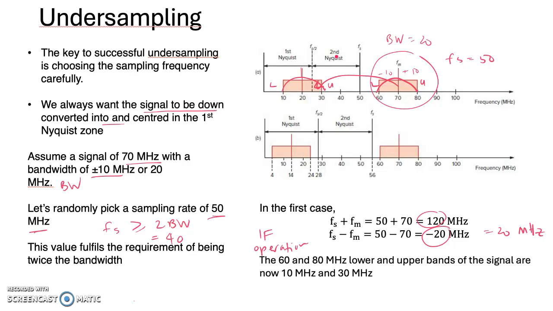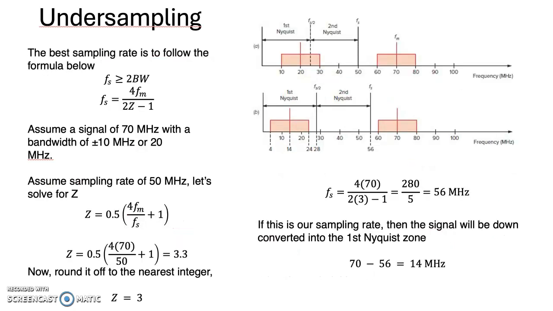So how do we pick the best sampling? Let's move on. The best sampling rate is simply to follow the formula below, whereby the sampling rate needs to be greater than 2 BW, twice the bandwidth, and Fs equals 4 Fm over 2Z minus 1, where Z is a value that we need to find out to get the best sampling rate.